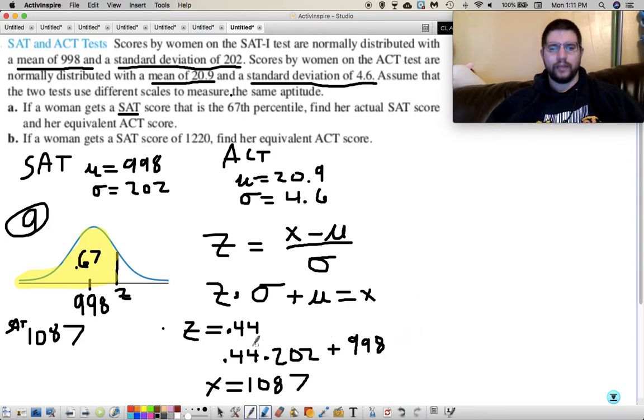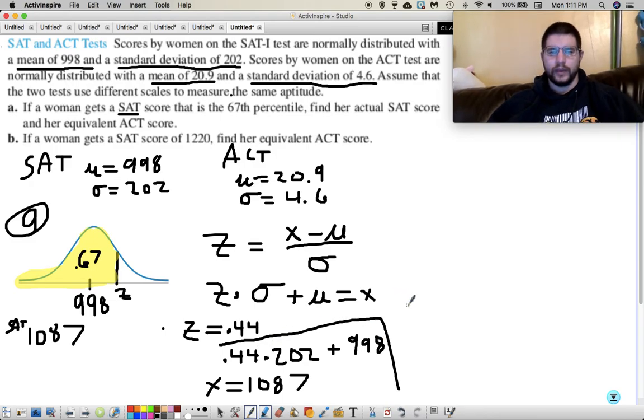So this time, instead of using the SAT's info, we're going to use the ACT's info. So that's going to be 0.44 times the standard deviation is 4.6 plus the mean is 20.9.